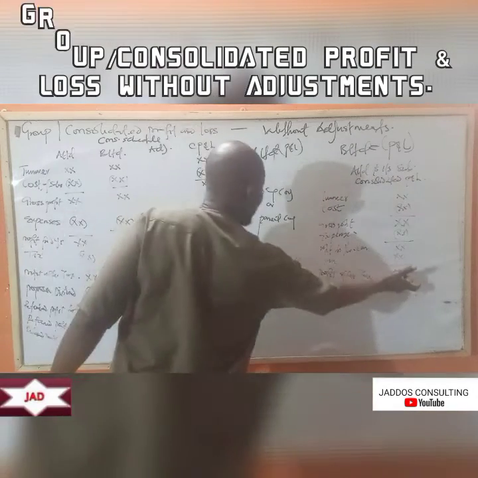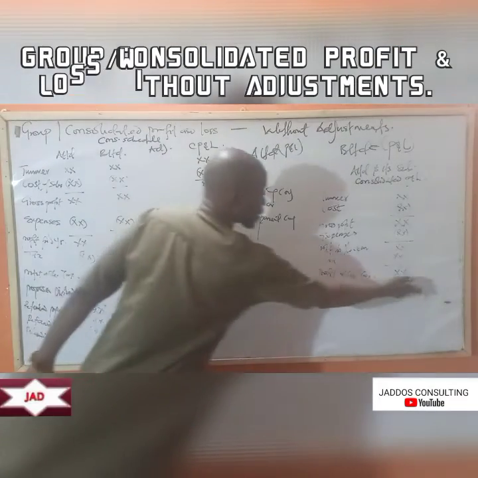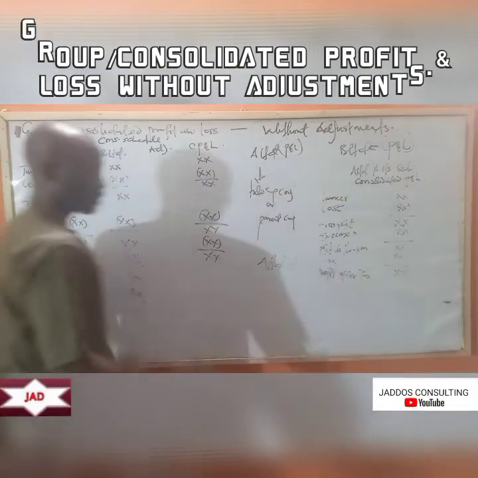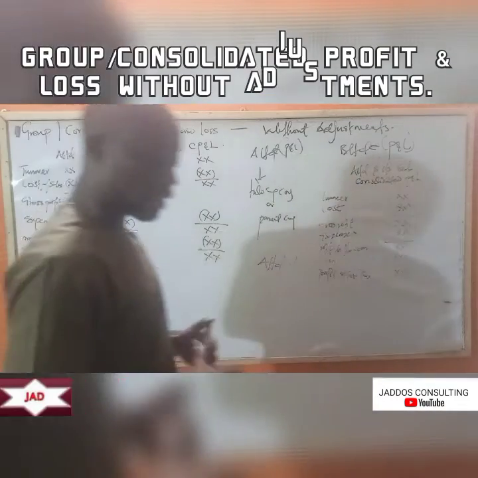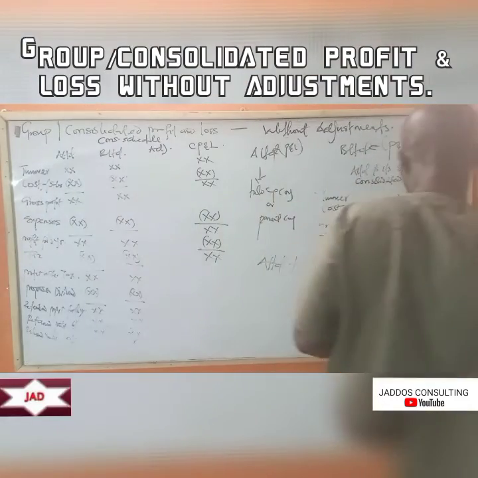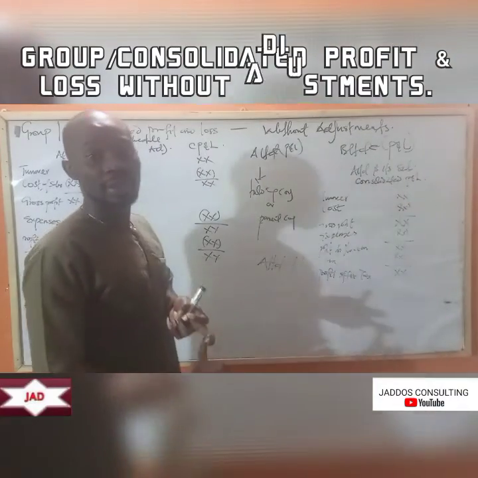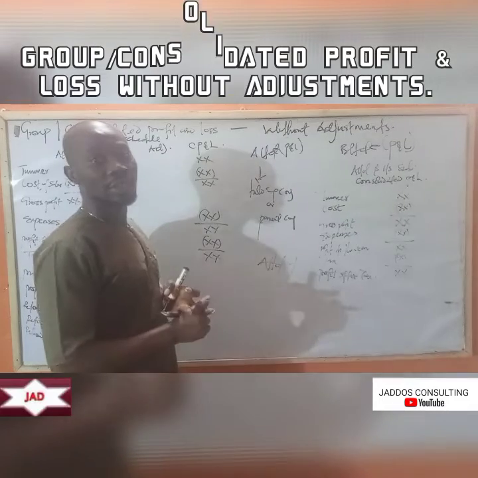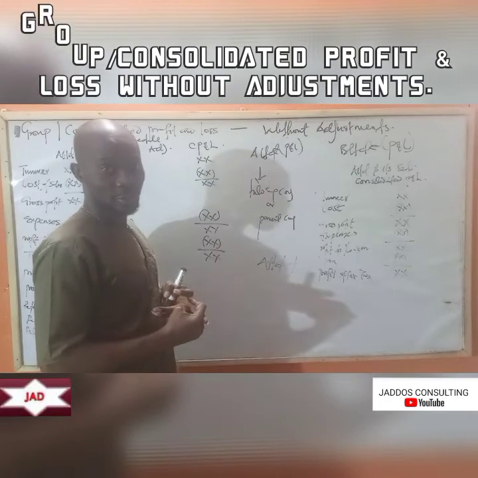Now, at this point, you know that this profit is attributable to both the group company and the subsidiary.